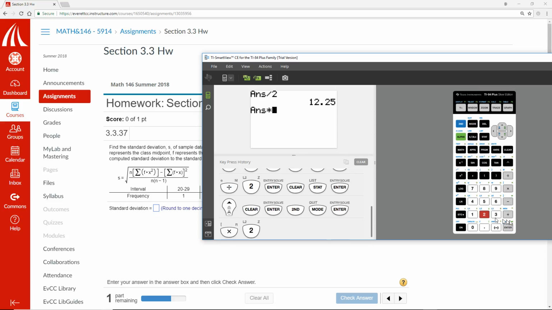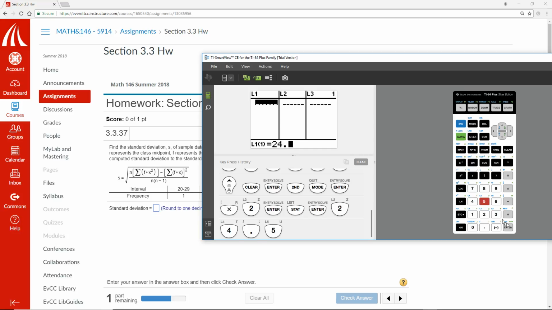Times it by 2. What was it again? 24.5. So Stat, Edit, 24.5. The next one would be 34.5. The next would be 44.5.